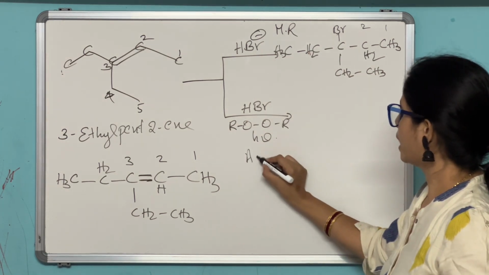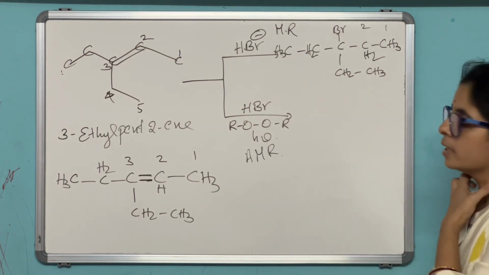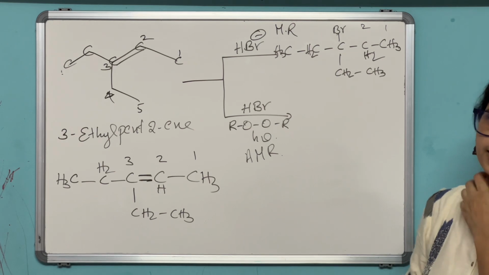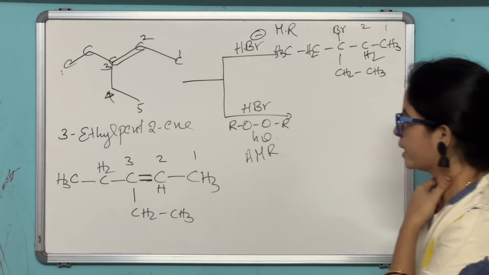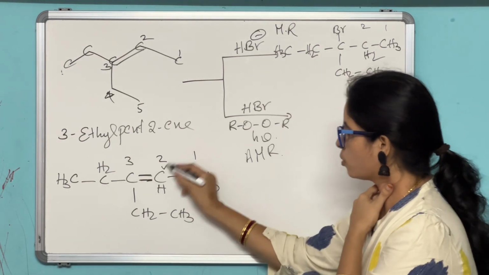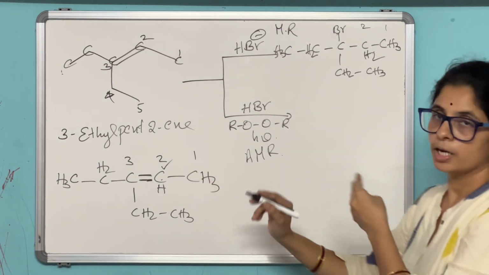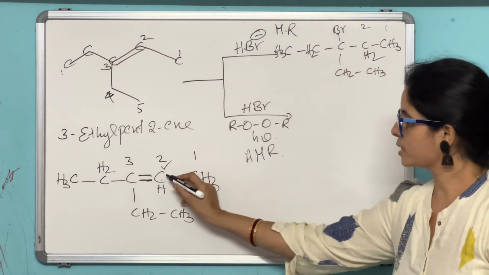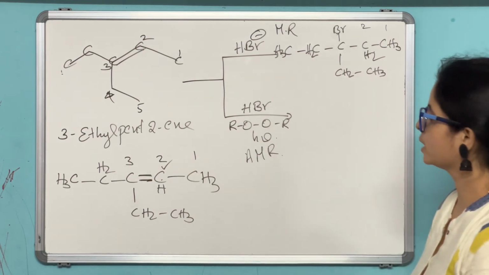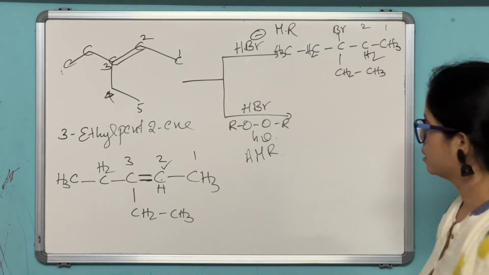Here you follow anti-Markovnikov's rule. Free radical mechanism, no? So Br will be added to the carbon containing more number of hydrogens. So you just add Br to this carbon atom. Remove the pi bond, add Br to the second carbon atom, and to the third carbon atom you add hydrogen. That's it.